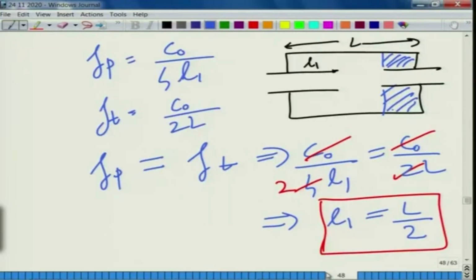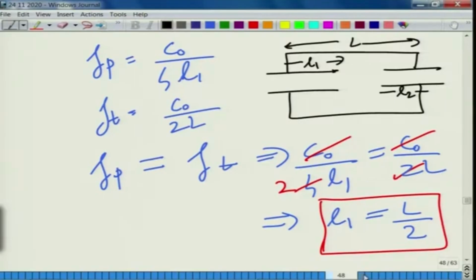So, this was L1, and let us say this is L2.